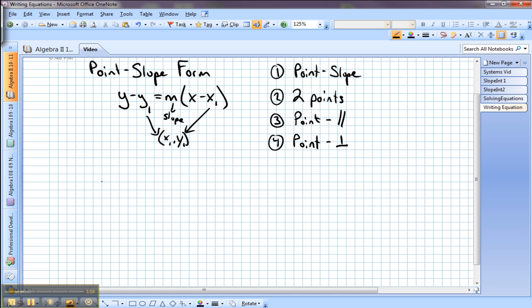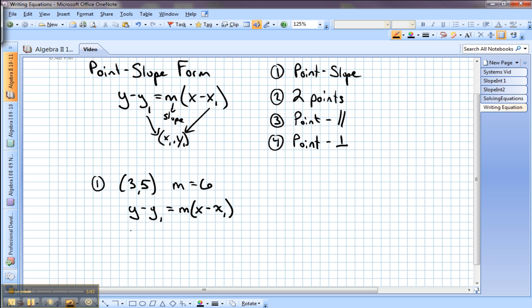If we were asked to write the equation of a line through the point 3, 5 that had a slope of 6, since we have a point and a slope, we are ready to go right into point-slope form. So we start by writing y minus y1 equals m times the quantity x minus x1.